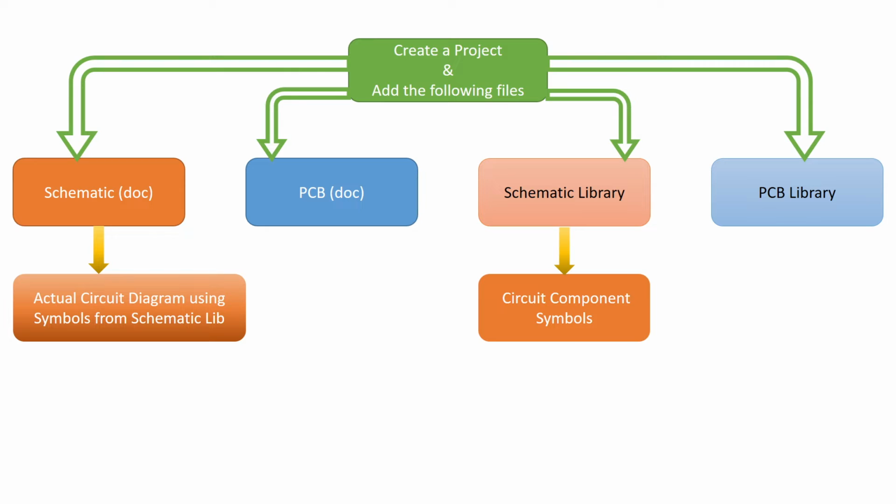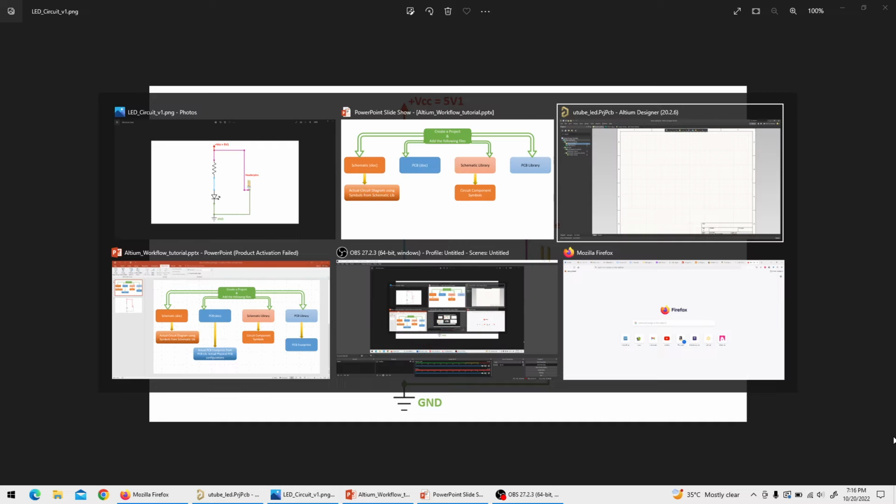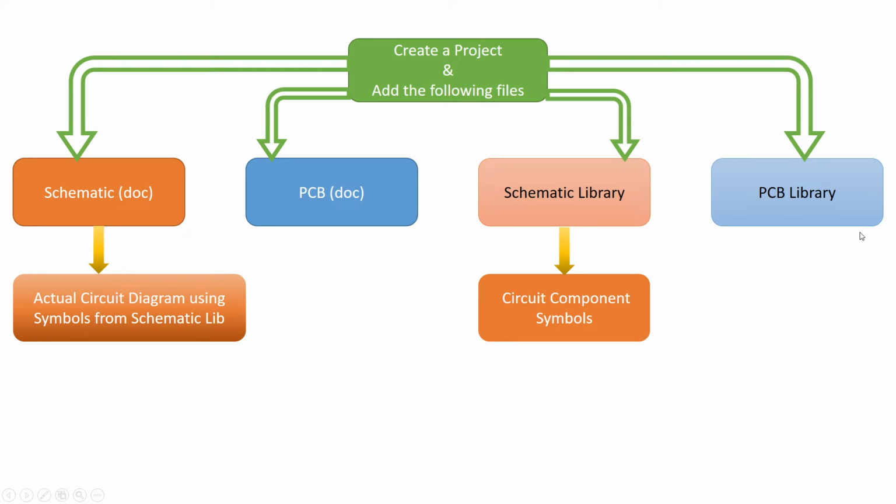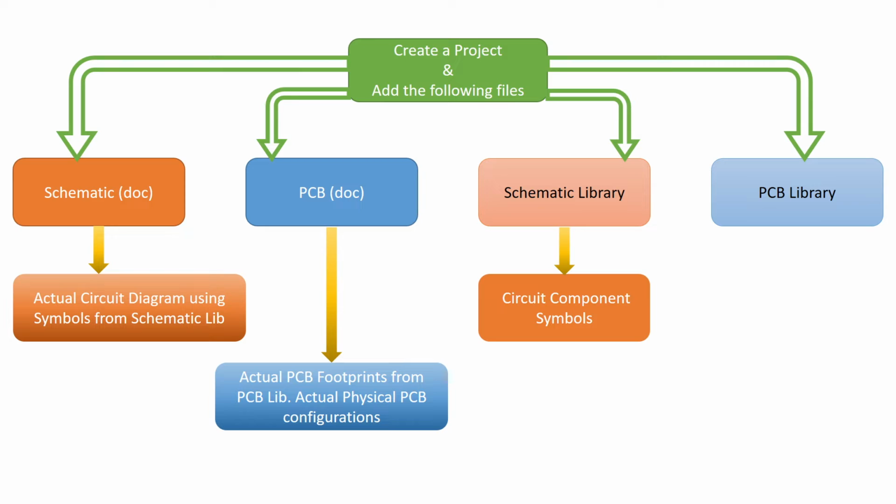We'll talk about the PCBs later, though it's the same theme. When we have created our schematic document, we would like to create our PCB document and import all our component symbols into our real PCB physical environment. For that, we would like to create a PCB with all the footprints, the real physical pad with the component length.